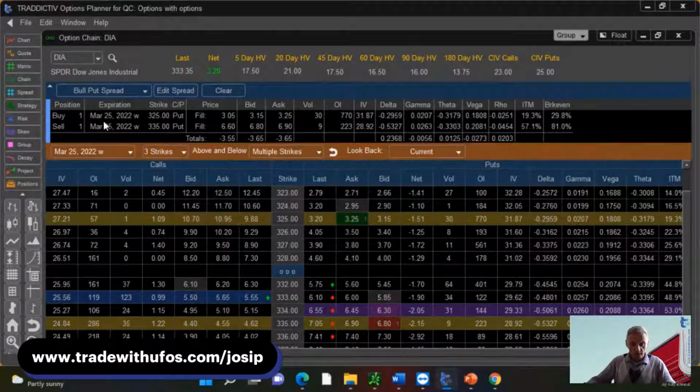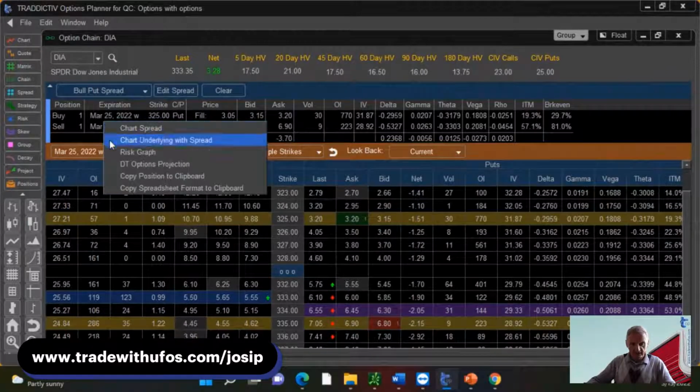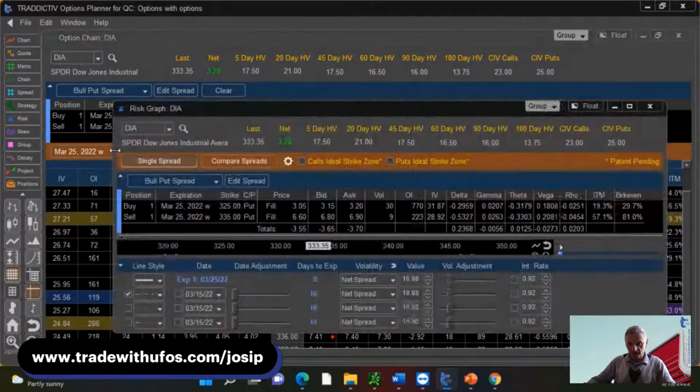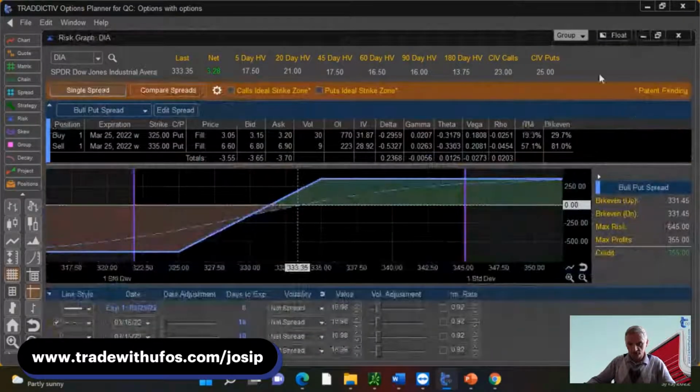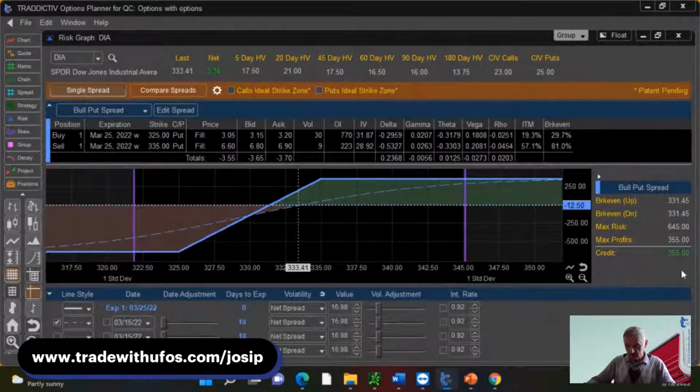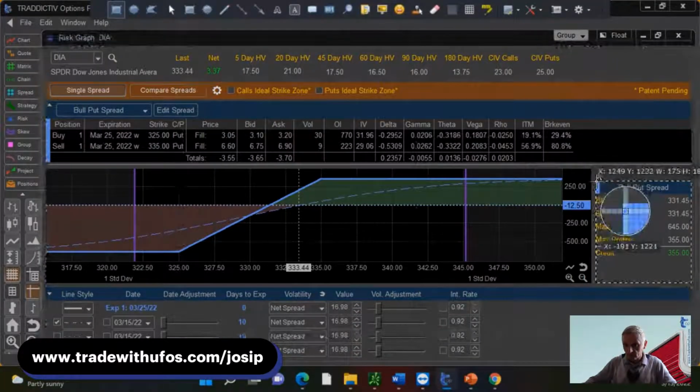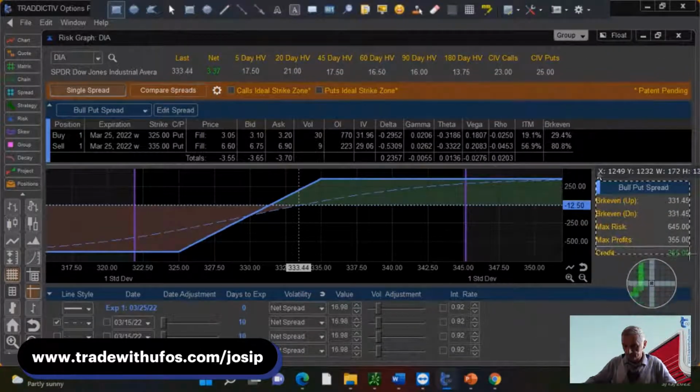So now what I'm doing here, I single right click and go to the risk graph, and I actually show you visually how the risk graph looks for that particular trade. This is a very important piece, and I'm going to copy it right now, so you would have it just like I made last time in that Excel sheet information.